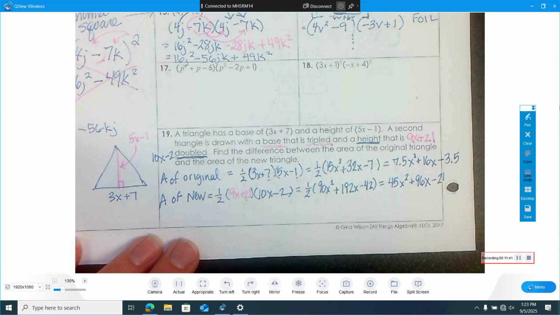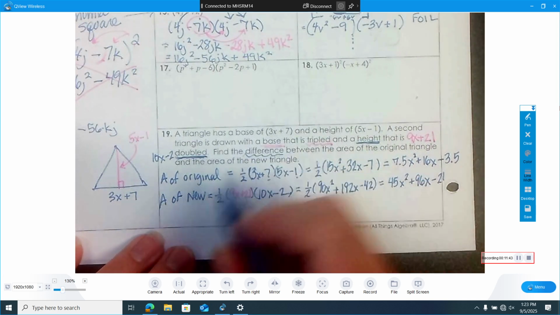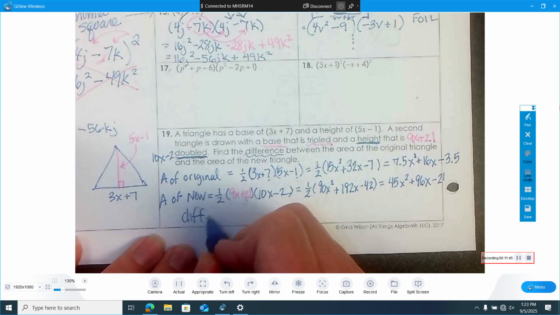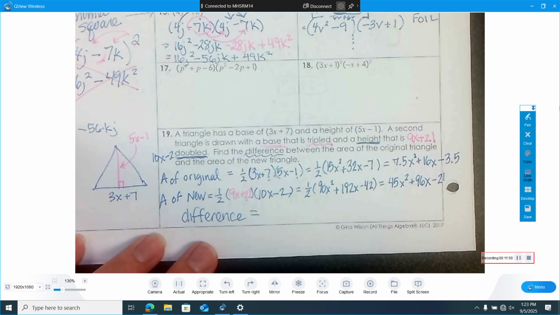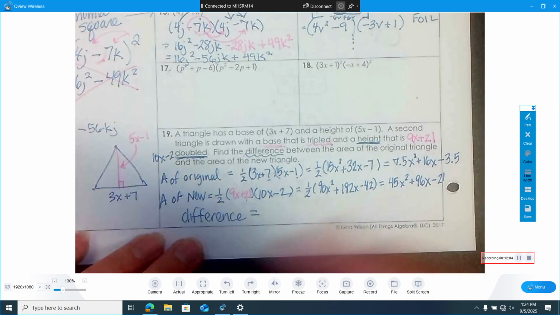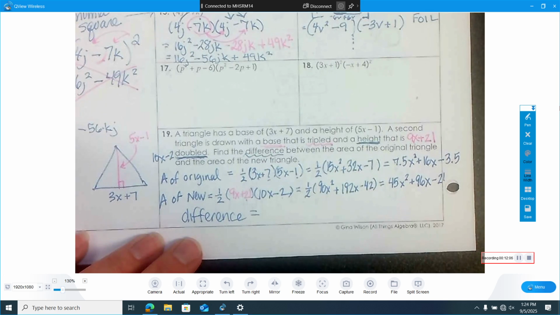And it wants us to find the difference between those areas. Yes, we do. How do you suppose we should subtract this? Are we going to do original minus the new one? Or are we going to do the new one minus the original? New minus original.